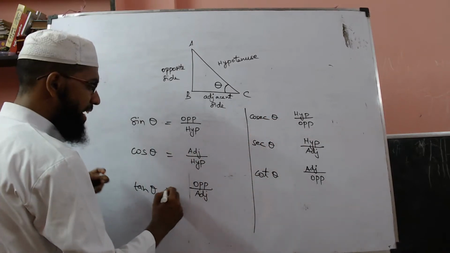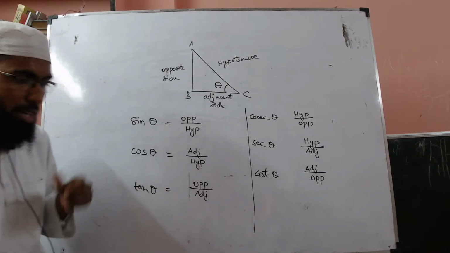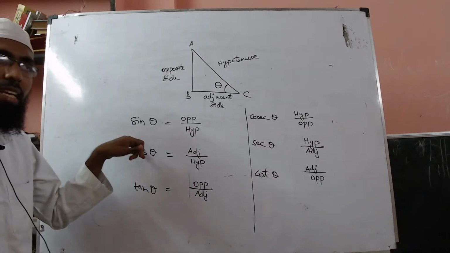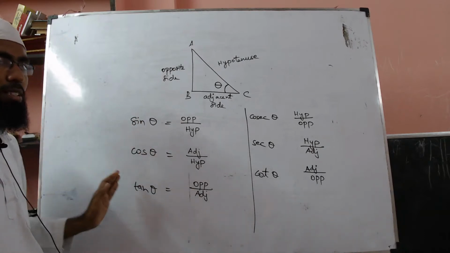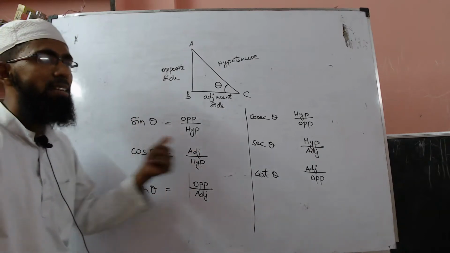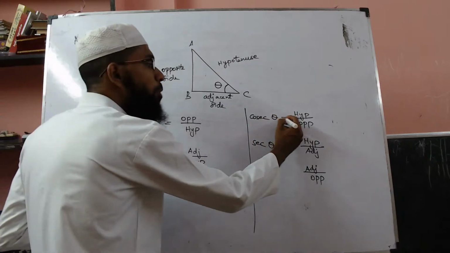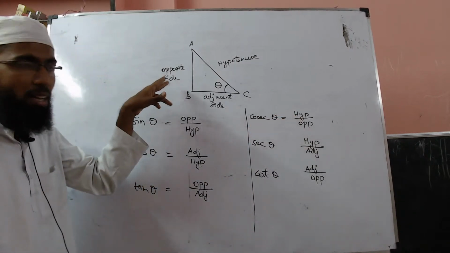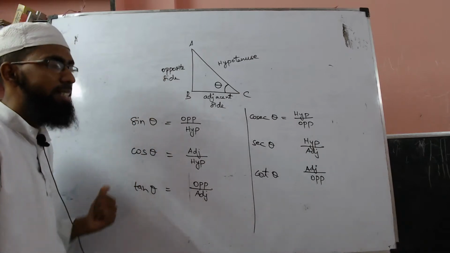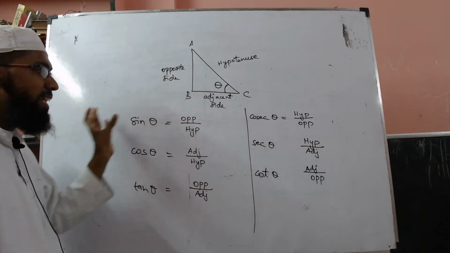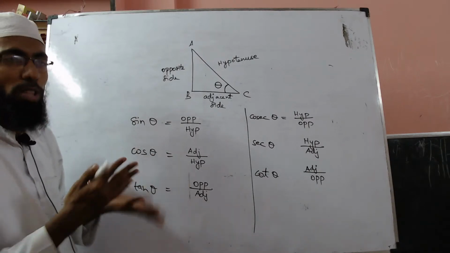Those who have studied trigonometry in earlier classes would have studied like this: sine theta is opposite by hypotenuse, cos theta is adjacent by hypotenuse, tan theta is opposite by adjacent, right? But the actual thing is, for the ratio that we are getting, we are naming it as sine, cos, tan. Of course, both are the same.